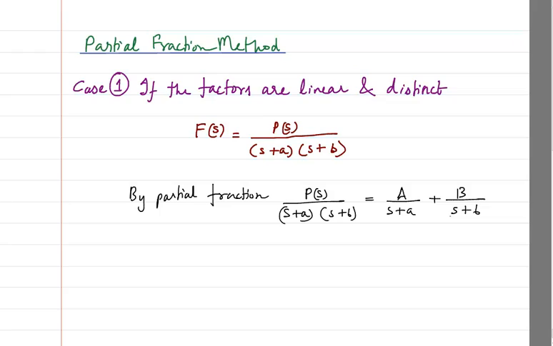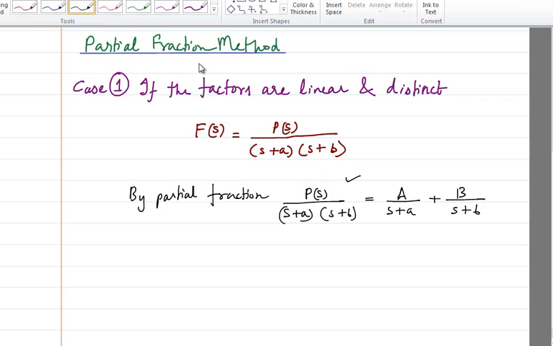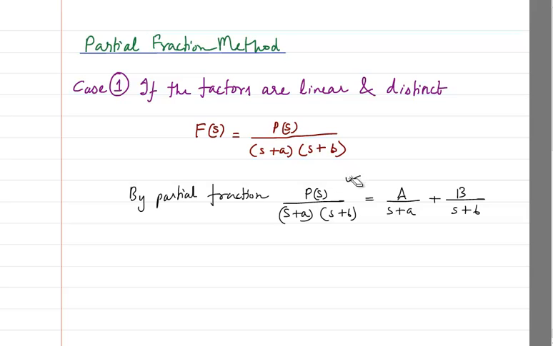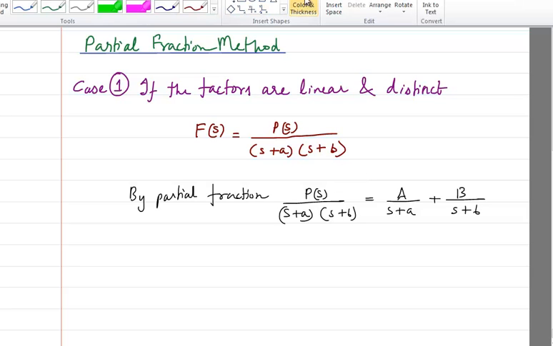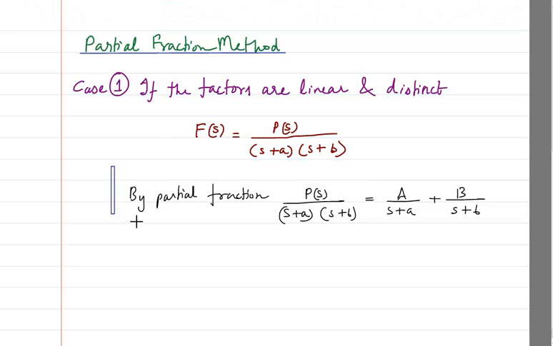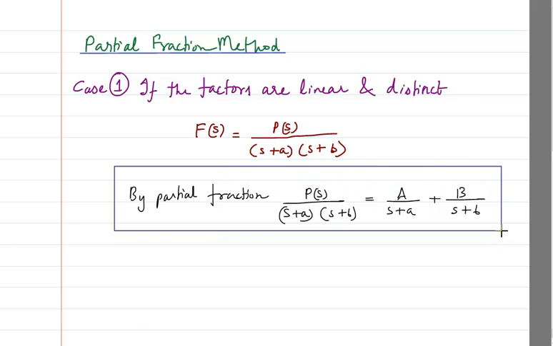So by the partial fraction method we will be able to write this in these forms: A by s plus a plus B by s plus b. How do we do that? That is something that we have to see. So by the partial fraction method we can write it in this form.